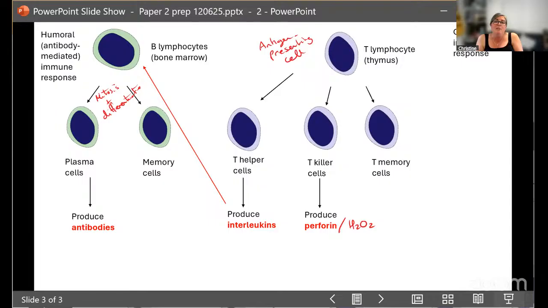So if we were looking at epidemiology and the spread of a disease, say we have a variant and we want to see if that variant in the UK is the same as the variant in Portugal and the same as the variant in Tunisia, what would we want to do?